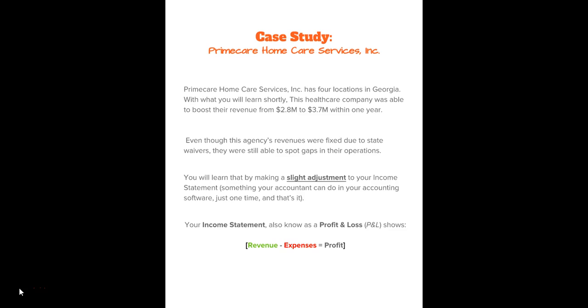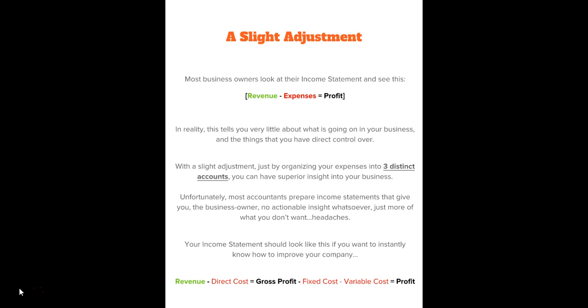Your income statement, also known as a profit and loss or P&L, shows revenue minus expenses equals profit. So most business owners look at their income statement and they see this: revenue minus expenses equals profit. In reality, it tells you very little about what is going on in your business and the things that you have direct control over.